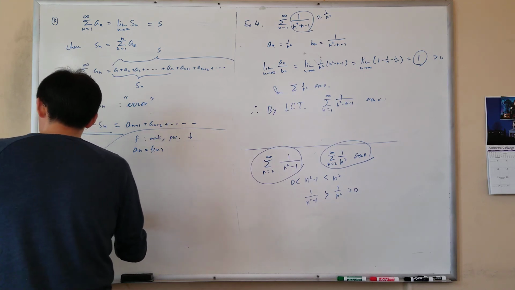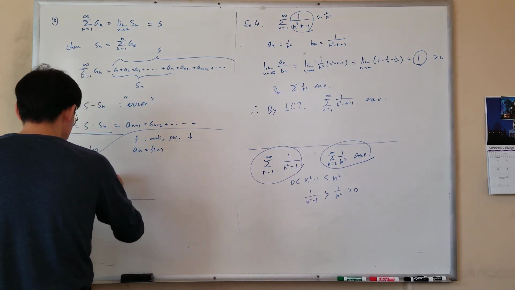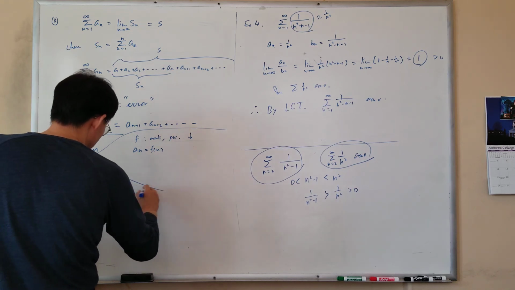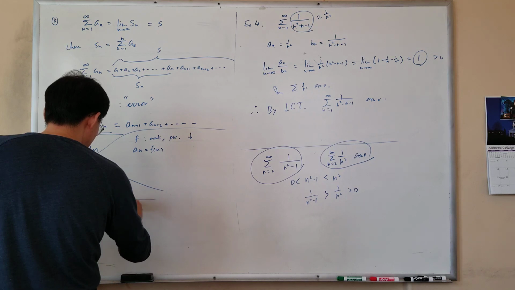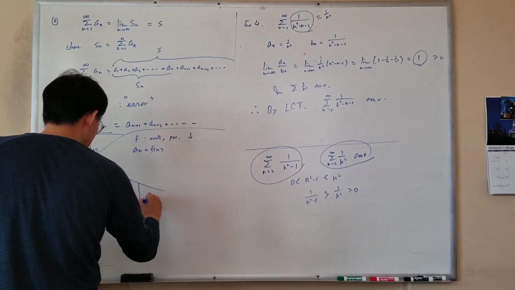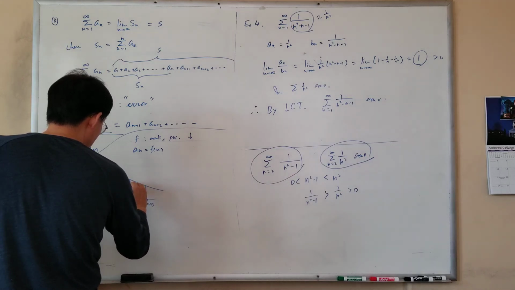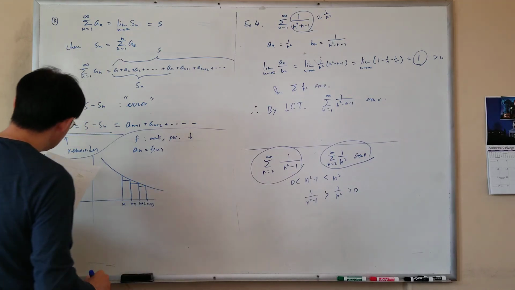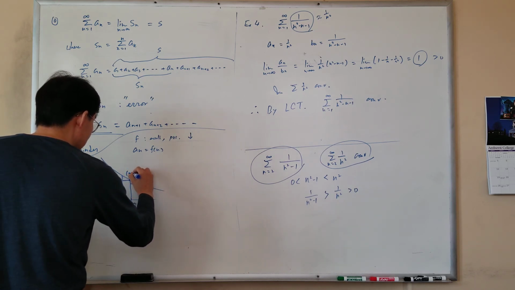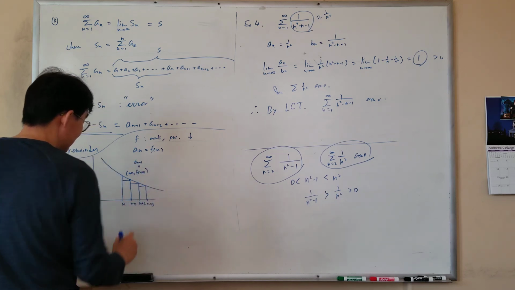Now look at this. Let's say this is n plus 1, n plus 2, and so forth. If you draw this way, what do you see? This is n plus 1, f of n plus 1, which means An plus 1.